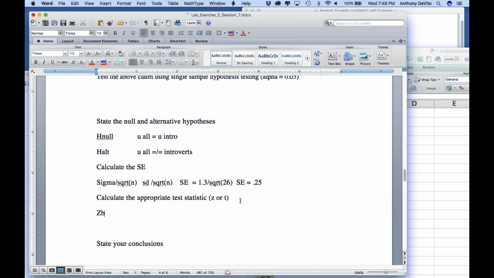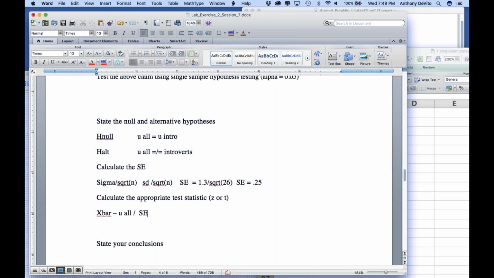Now I calculate my t-score, my number of standard errors apart which my two means are. In other words, x bar, the mean for the sample, minus mu for all, divided by the standard error.